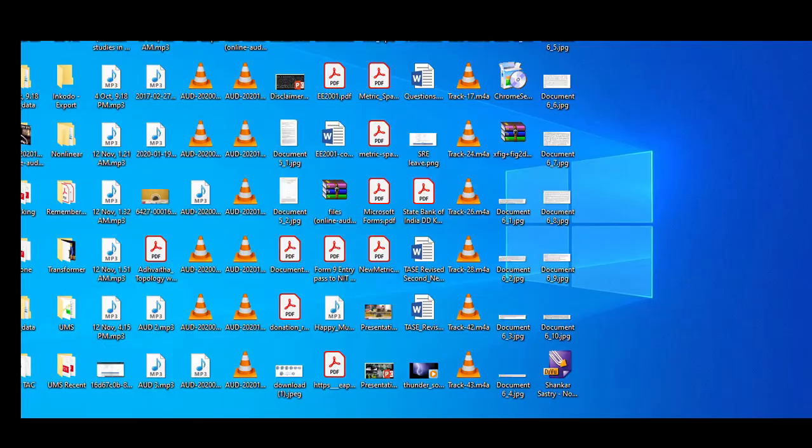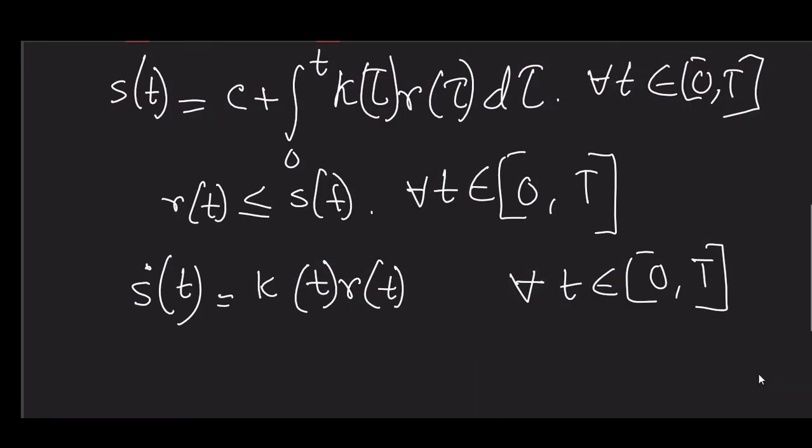Okay, sorry, just a minute. Now if we do a little bit of manipulation and side transposition, we can write s dot t minus k(t) r(t) is, as we know that r(t) is less than s(t), from this line we can write that this is less than or equal to, as both functions are non-negative, we can conveniently replace r(t) by s(t) without any trouble.